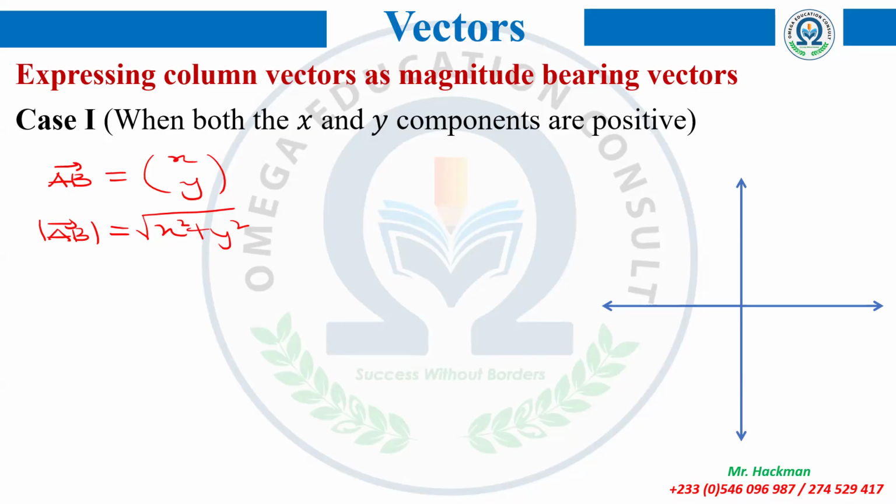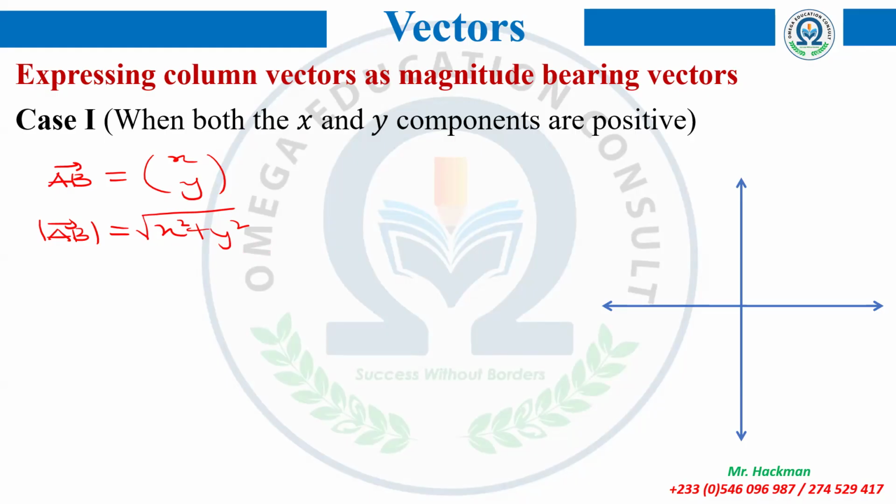We are not here because of the magnitude, but because of the bearing. Now let's look at the bearing. Remember, I told you that anytime you are going to find a bearing, you need to draw your diagram. You need to indicate your Cartesian plane or your cardinal points, which basically come from the Cartesian plane.